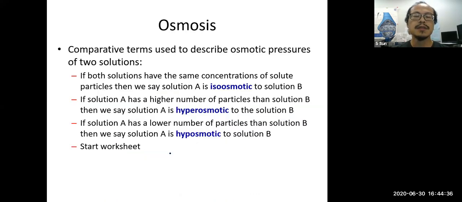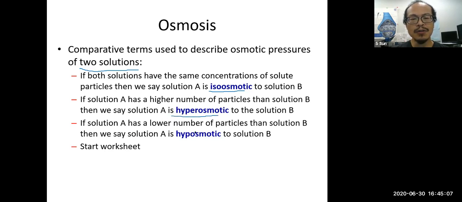So here, if we compare two compartments, if they have equal osmotic pressure, then A is isosmotic to B. If A has higher osmotic pressure, A is called hyperosmotic.